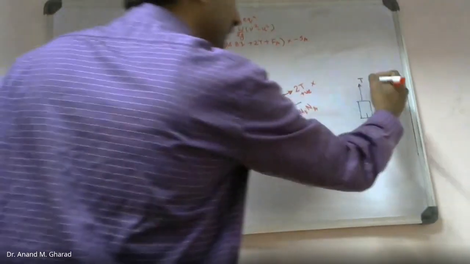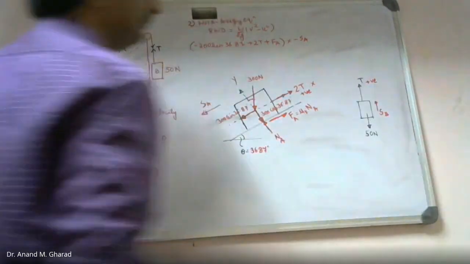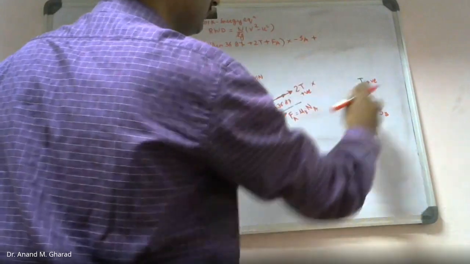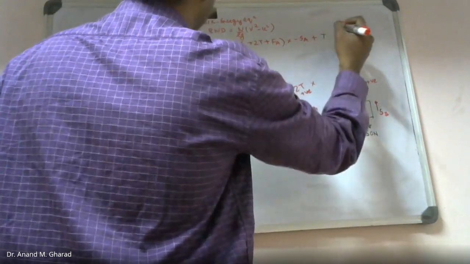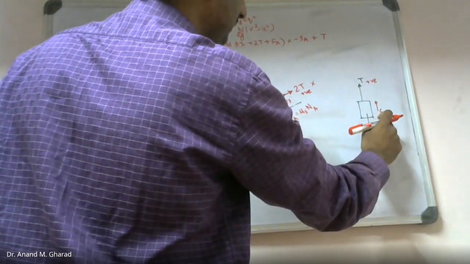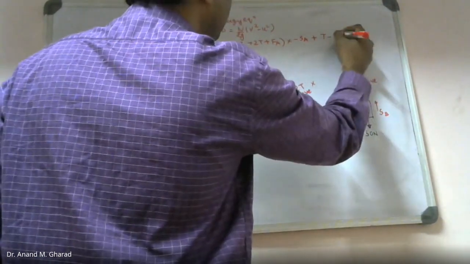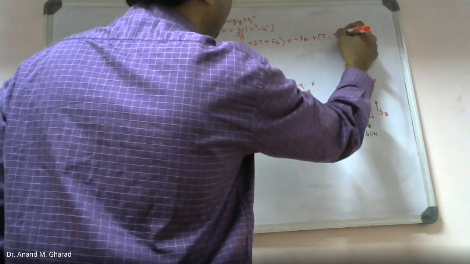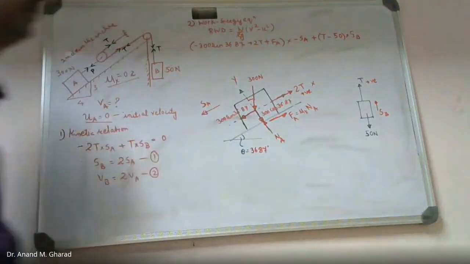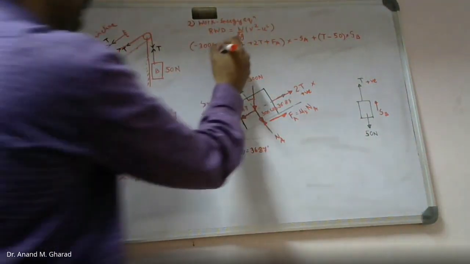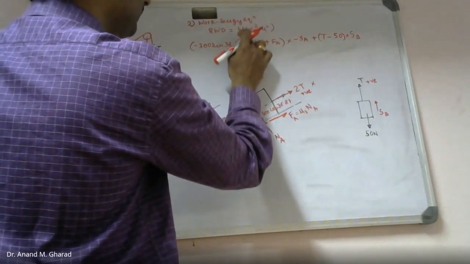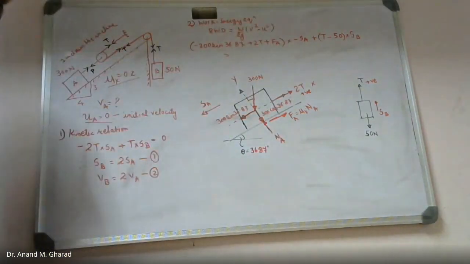Then similarly, if I consider this to be positive, then plus T, these are the 2 forces and this is the associated displacement. So (T minus 50) into SB equal to W by 2G into (V square minus U square).